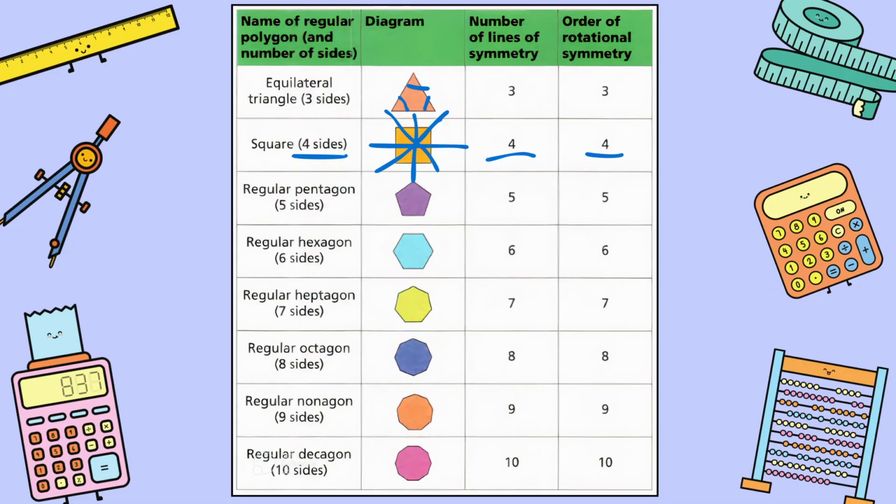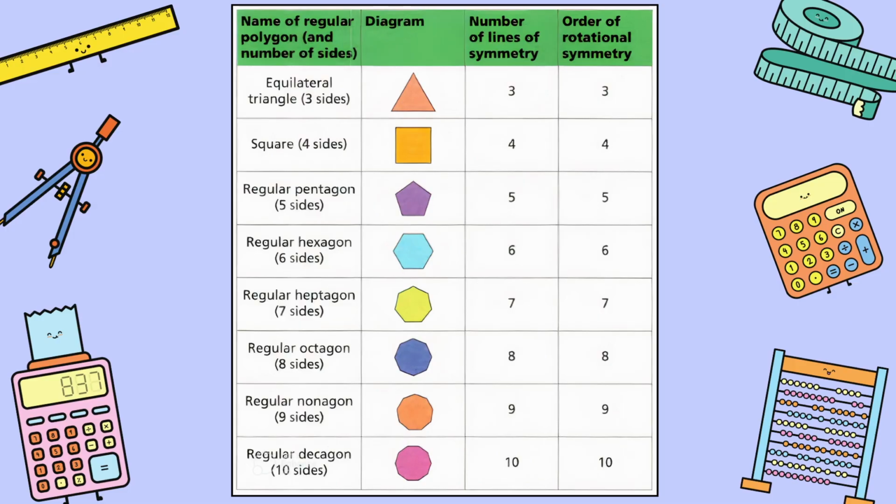Next shape is a regular pentagon. A regular pentagon has got how many sides? 5, yes. So a regular pentagon has 5 sides. 1, 2, 3, 4, 5. Lines of symmetry: 1, 2, 3, 4, 5.